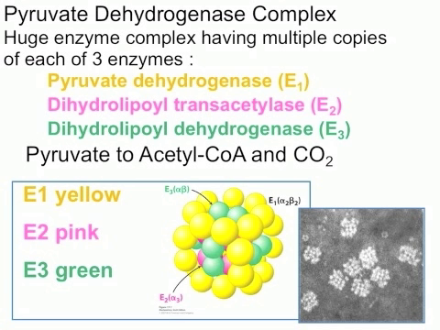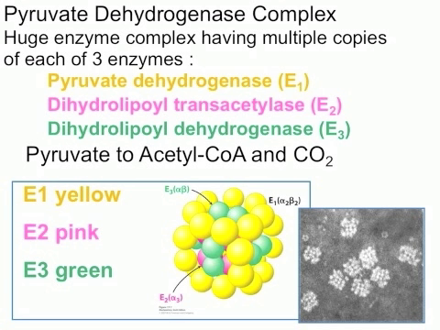The name for E3 is dihydrolipoyl dehydrogenase. You will need to know the names of these enzymes, both as E1 and as pyruvate dehydrogenase, dihydrolipoyl transacetylase, and dihydrolipoyl dehydrogenase. This is because the names help to drive home the reactions that these enzymes catalyze, and for that reason, I would like you to learn these.